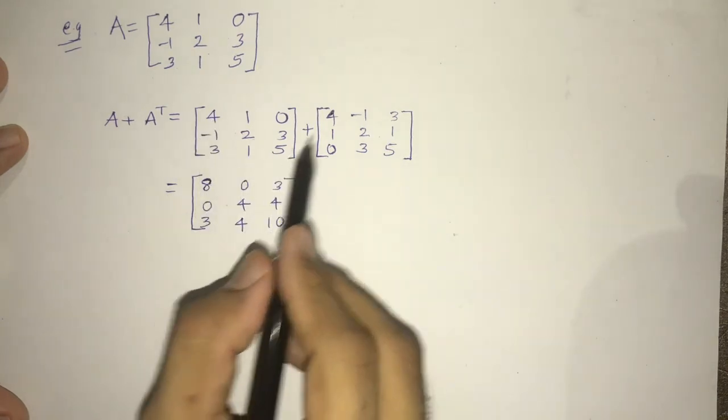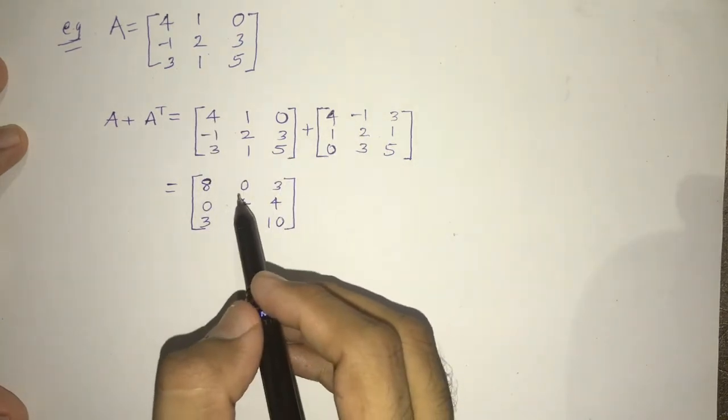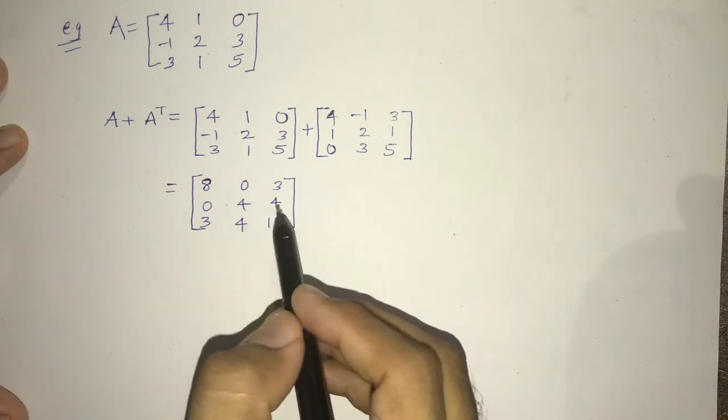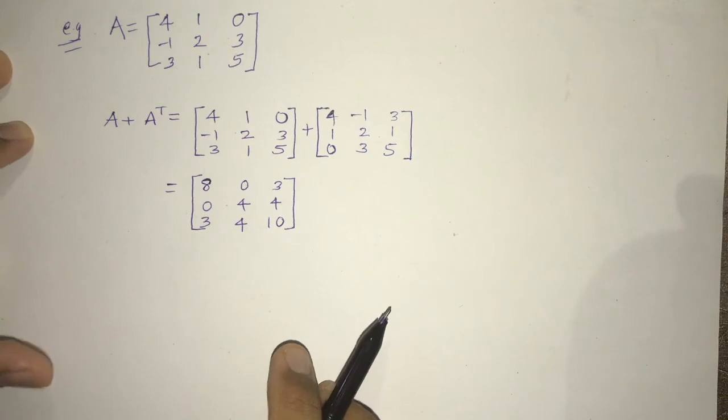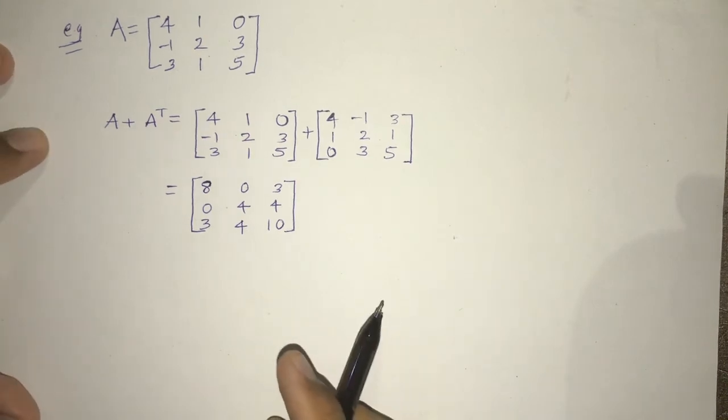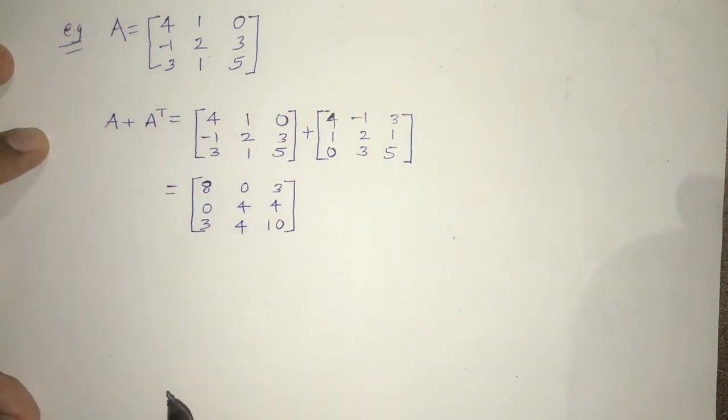And the rest you can see 0, 0, 3, 3, 4, 4. Symmetric. So that was bound to come. A plus A transpose we have proved by theory before that it is going to be a symmetric matrix.